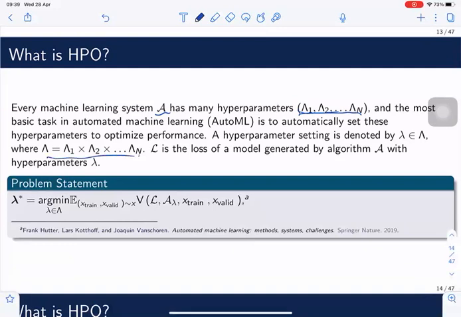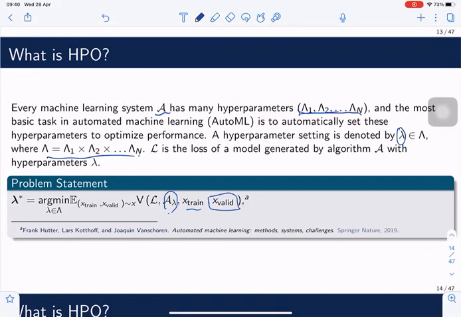Our goal is to find one lambda from this space, and the lambda will be configured into the learning algorithm, trained on the training data set and evaluated on the validation data set.